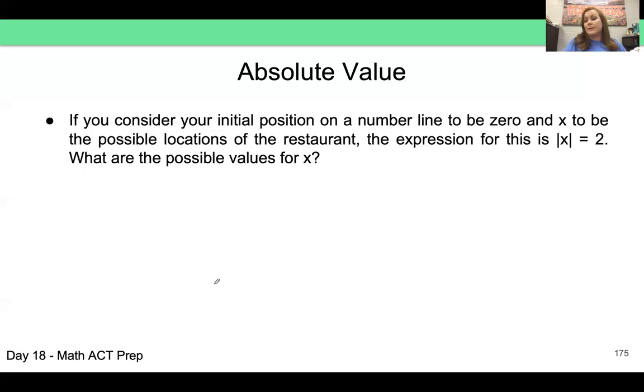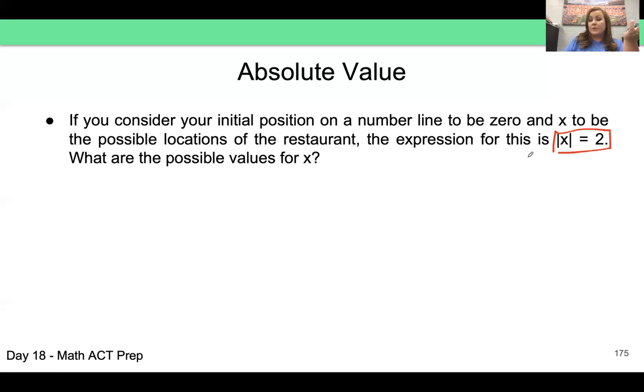So when we get this expression, the absolute value of 2, you've got to know that there's 2 values. It's kind of like x squared equals 16. You've got to know that x can be positive or -4, because -4 times -4 equals +16, as well as +4 times +4. When I see an absolute value, I know there's always 2 answers, a positive and a negative.